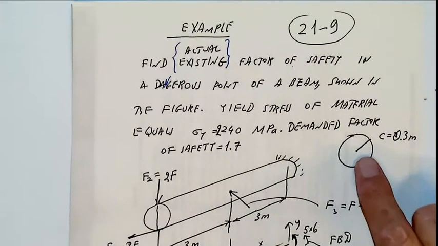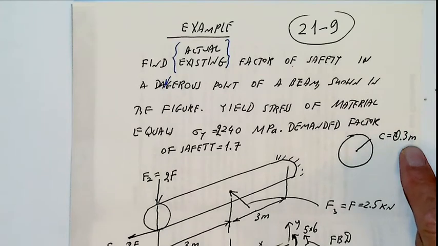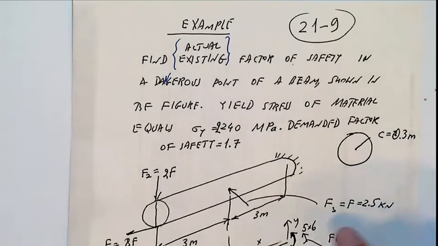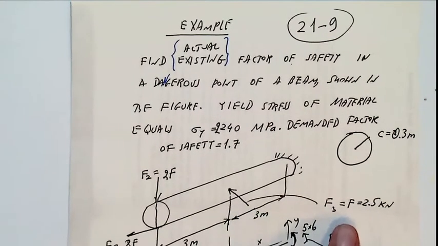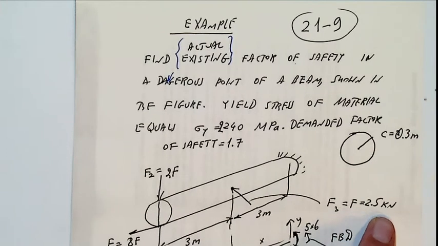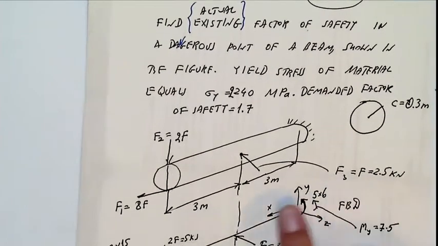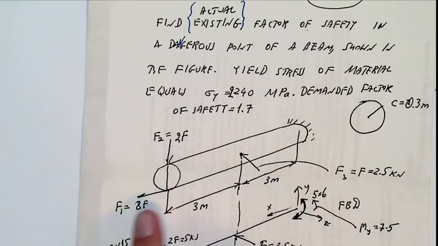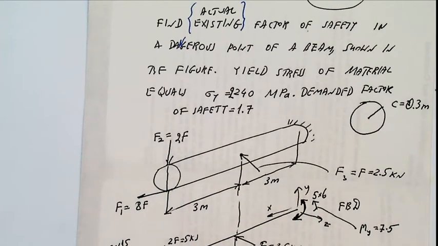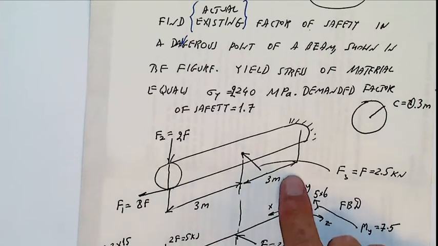Okay, radius r equals 0.3. F is given: F equals 2.5 kilonewtons. That is this one. Here that is 2F. Here is 8F. This is 3 meters and that is 3 meters.